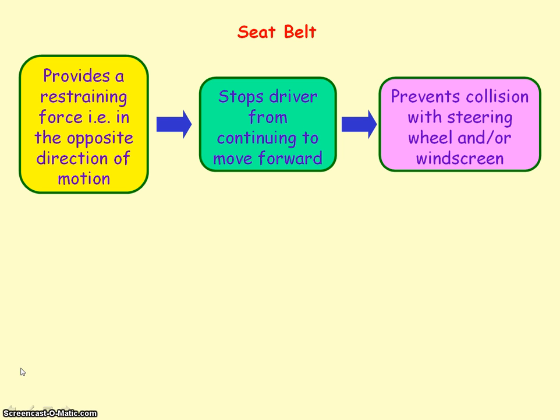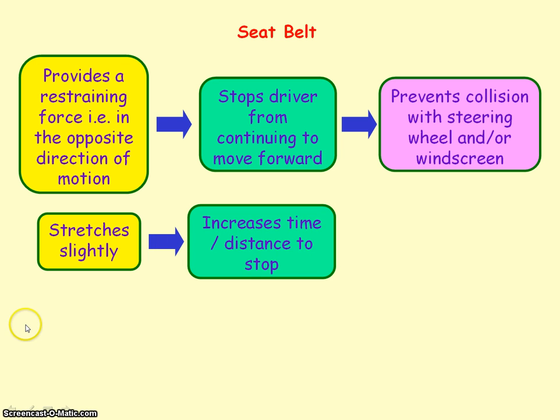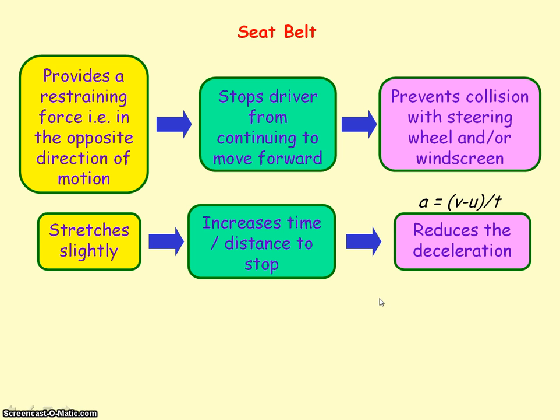The seatbelt also stretches slightly, and this increases the time or the distance it takes to stop. As a result, this reduces the deceleration of the driver and passengers, and this is because v, the final velocity, is 0, u was the initial velocity of the driver and passengers, and so that's fixed.